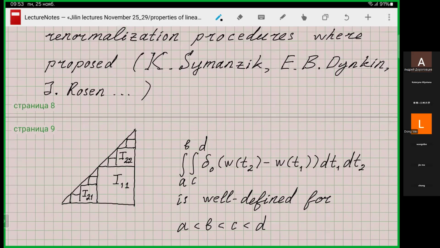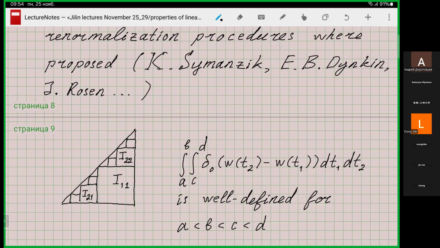Here it is. We consider our simplex delta 2, and now we try to organize the following sum. Let us note that if we have such a double integral from a to b, c to d, of delta of w(t2) minus w(t1) dt1 dt2, then it is well defined.